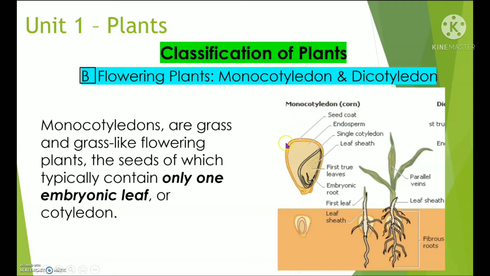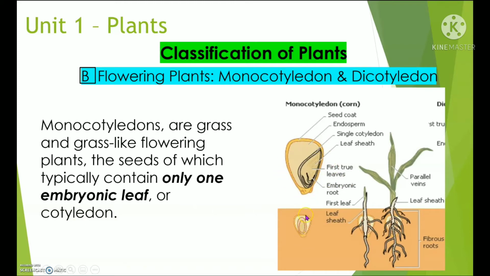So this is an example of a monocotyledon. Okay, this is a corn seed, corn plant. A corn seed is an example of a monocot because a corn seed only has one embryonic leaf or cotyledon. The cotyledon is the one giving food to the embryo.